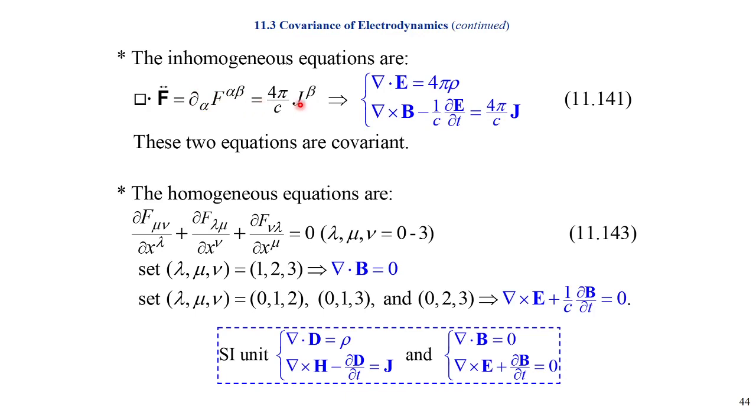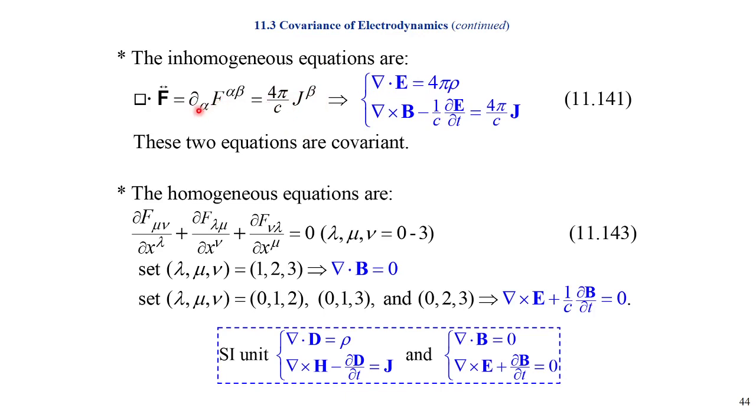And this one can be defined into a four tensor, a four current. How do we know? We know because we know this equation before. Okay. 4 pi over c. So partial alpha F alpha beta equals 4 pi over c times J beta.